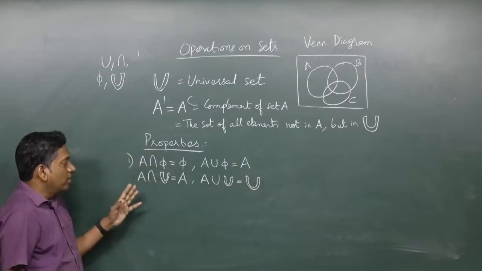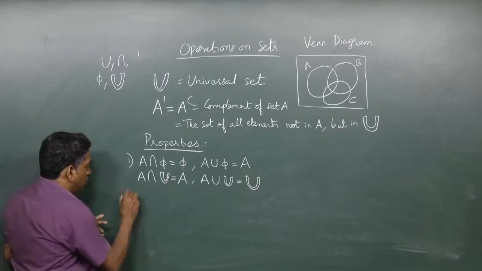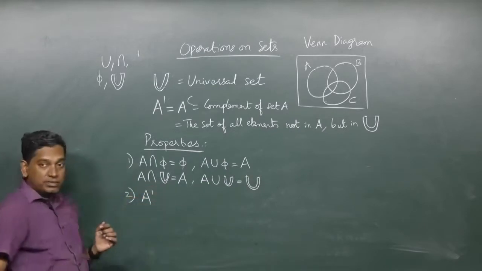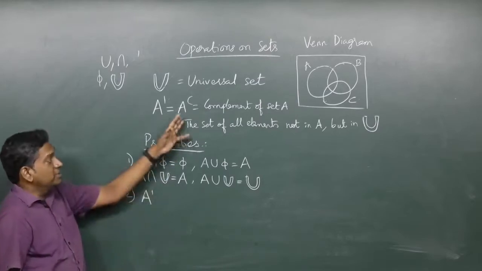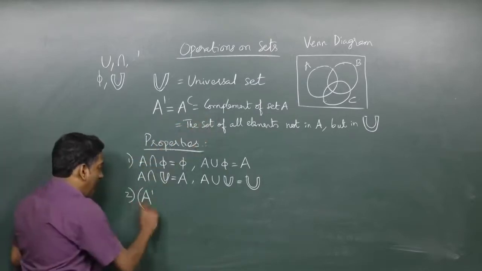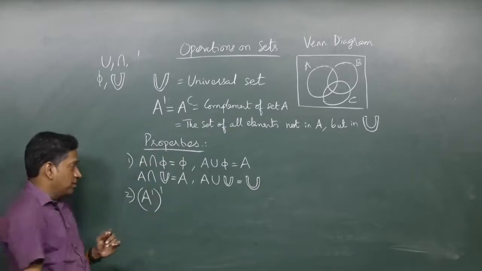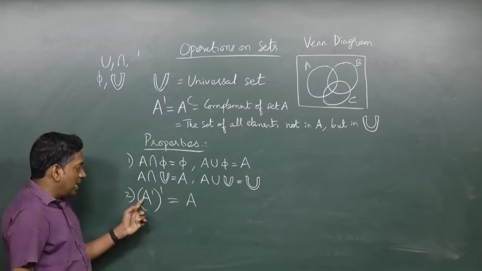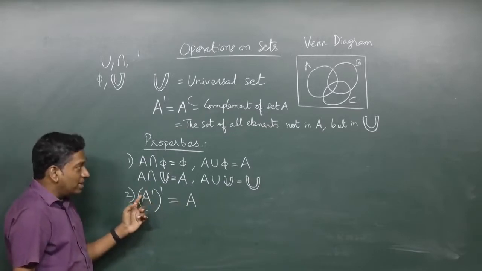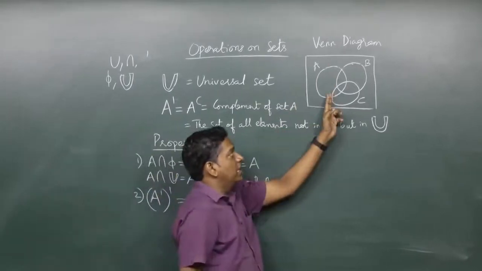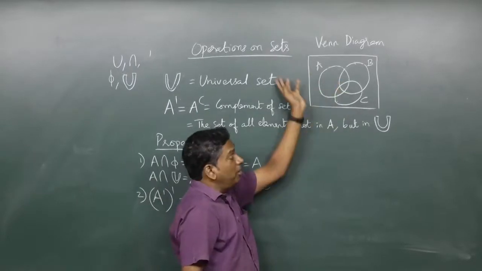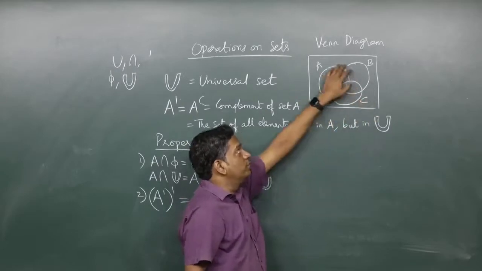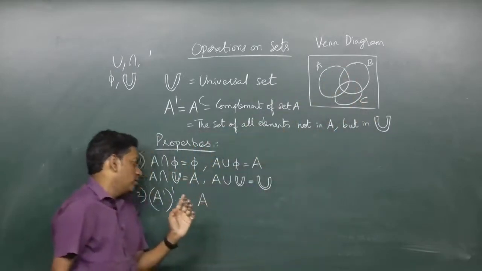Okay. Now let's do a few more properties. Suppose we take a complement, which is the set of all elements not in A, and do a complement again, we will get back the original set, because A complement contains all the elements not in A but in U. The complement of that would be all the elements not in the outside but in U, which will be all the elements in A. Okay.